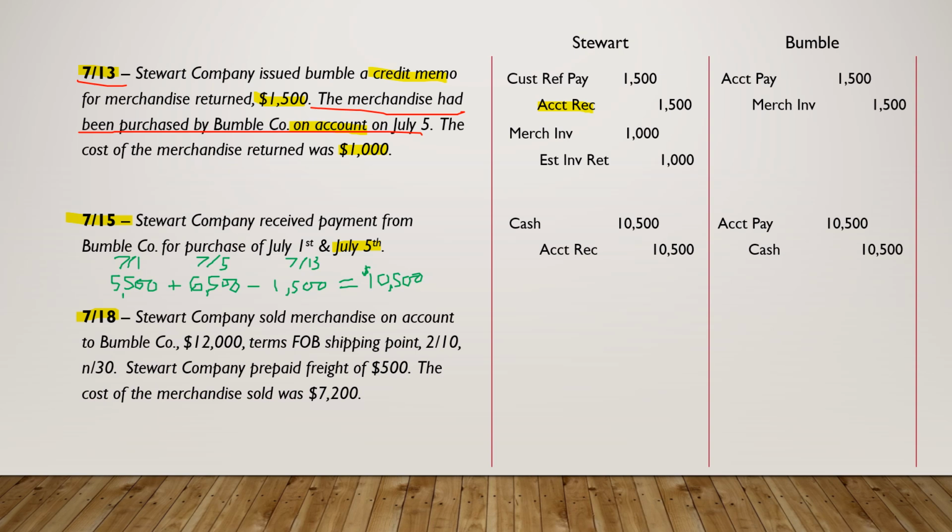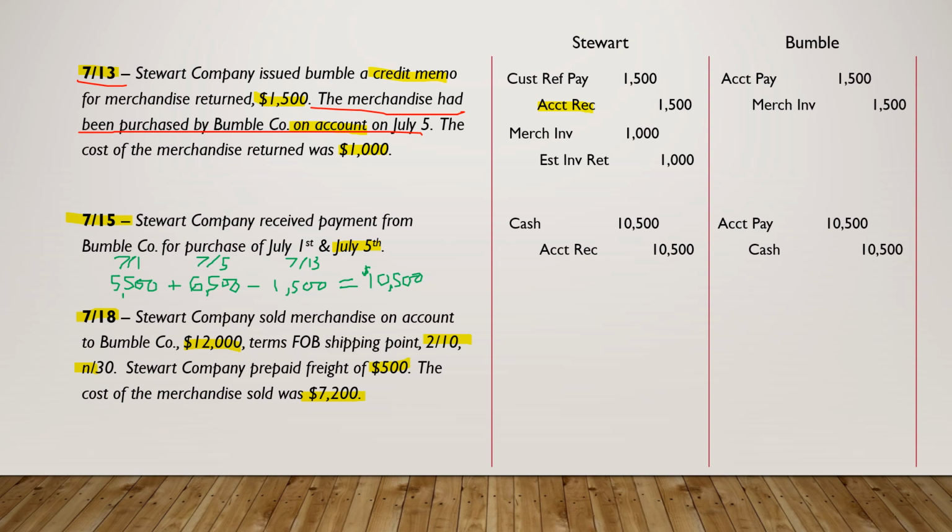July 18th. Stewart Company sold merchandise on account to Bumble, $12,000, terms FOB shipping point, 2/10 net 30. Stewart Company prepaid freight of $500. The cost of merchandise sold was $7,200.